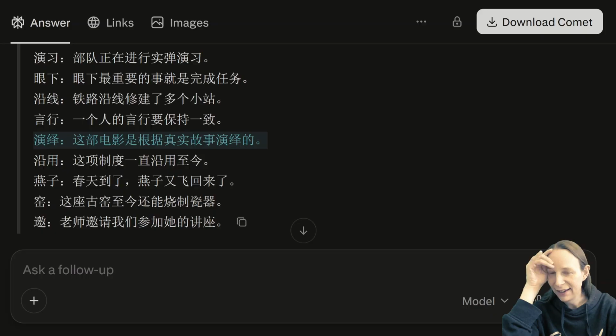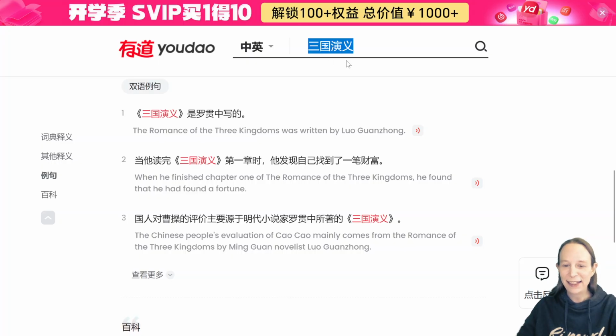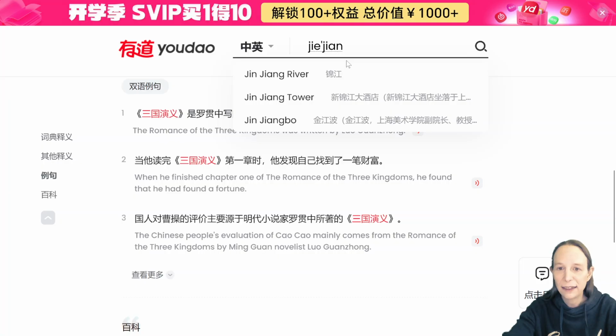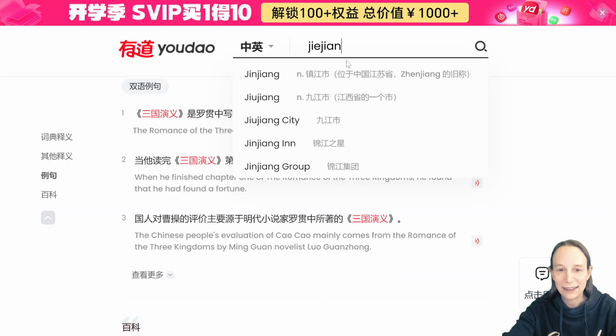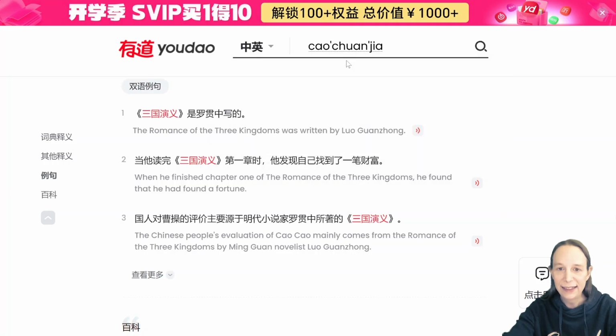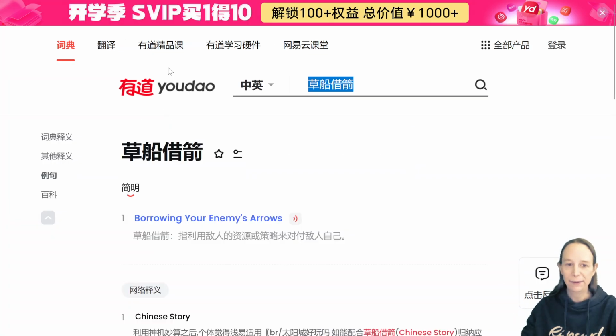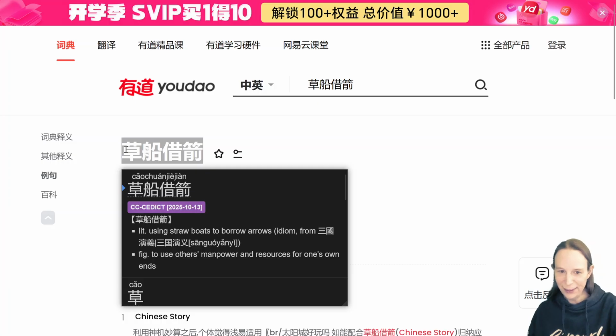借箭. There's a 成语 about it. To borrow arrows. 草船借箭. This one. There's this story, but it's from the romance, not from actual history.